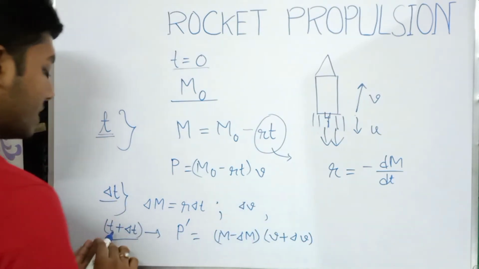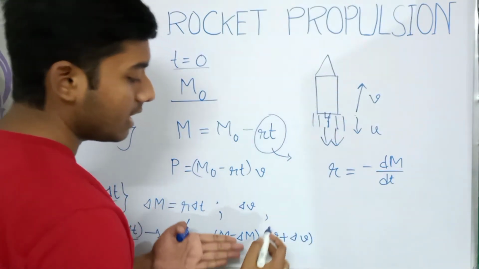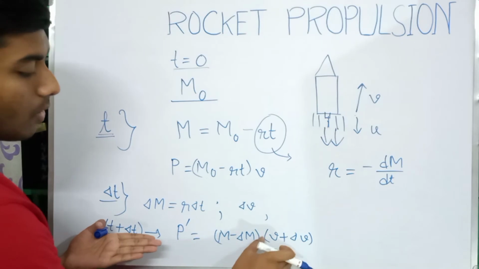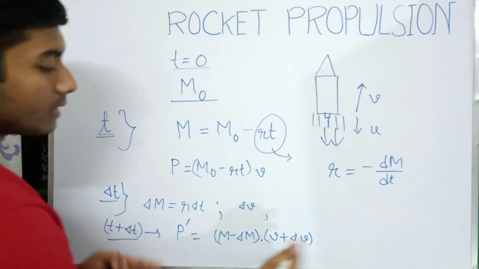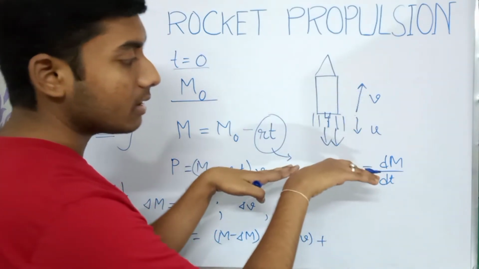So at t plus del t the velocity of the rocket will be v plus del v. So this is the momentum of the rocket, plus the momentum of the ejecting gas.